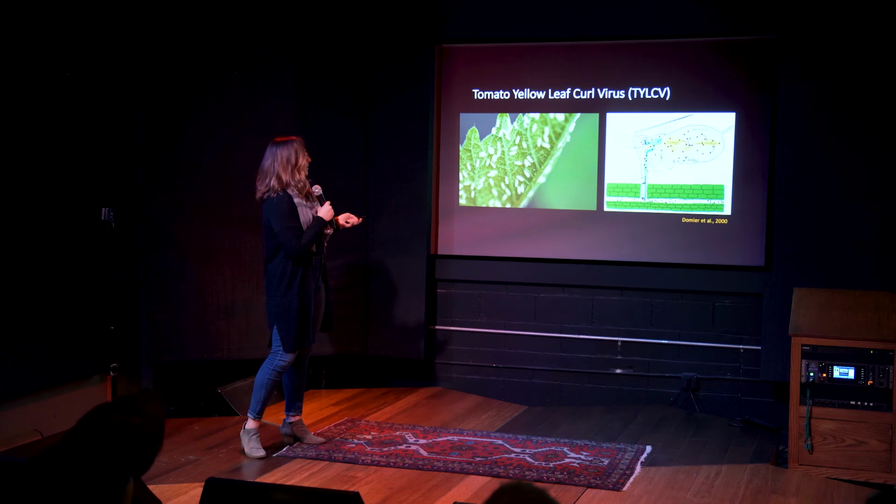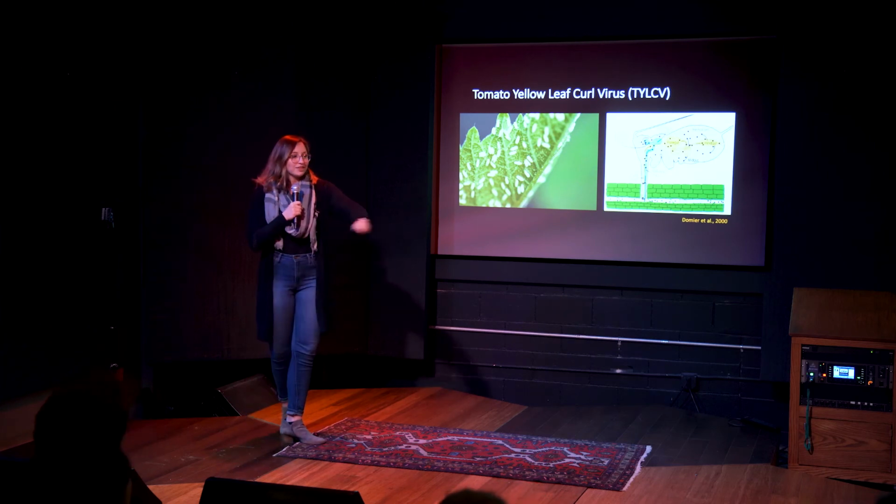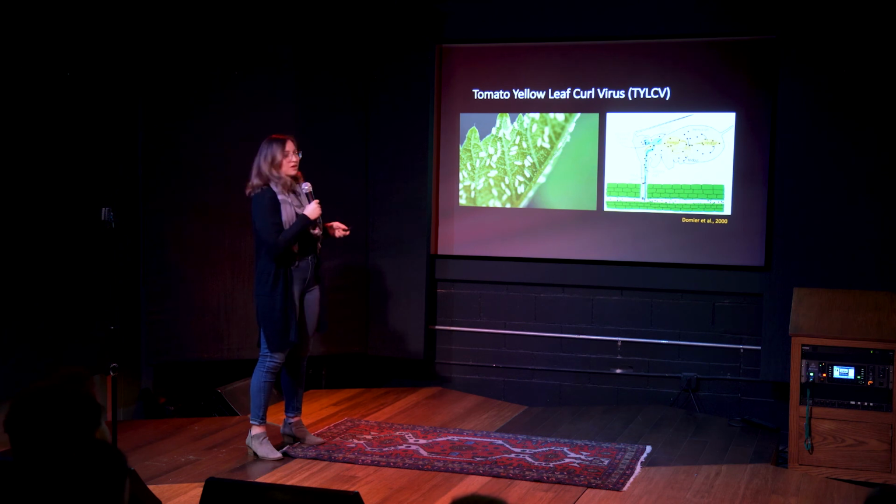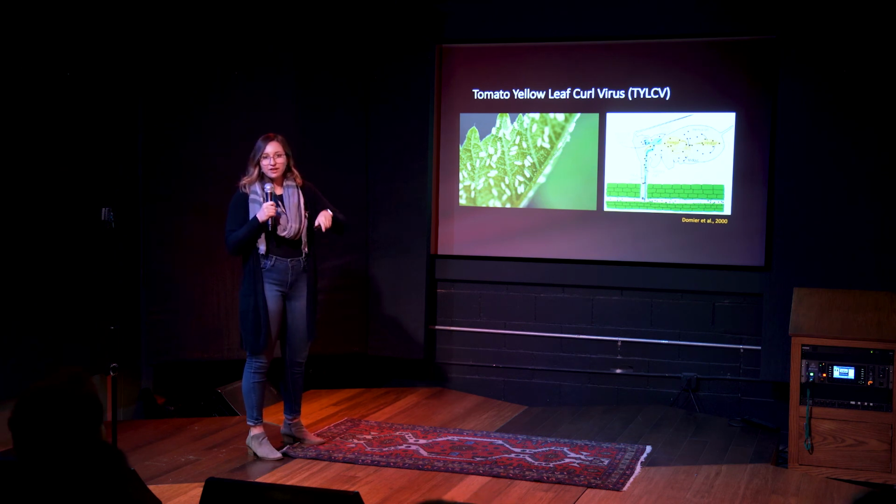And so the virus will eventually diffuse into the midgut of the insect. And for tomato yellow leaf curl virus, it's actually been shown that for some reason the virus is able to replicate in this area. And so eventually the virus will then, from the midgut, diffuse into the salivary gland. And much like the ticks that were just mentioned, when the whitefly feeds, it's also spitting into the plant, okay?